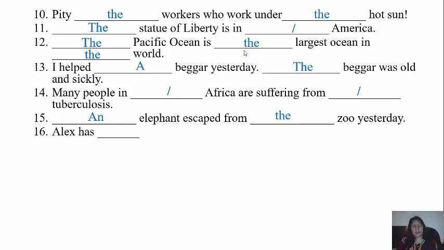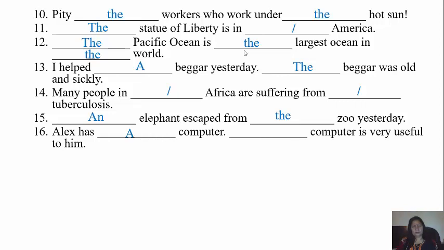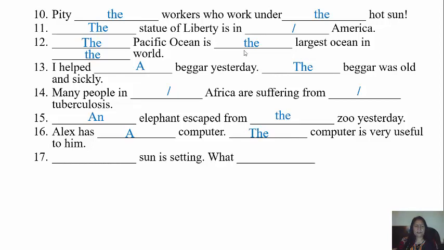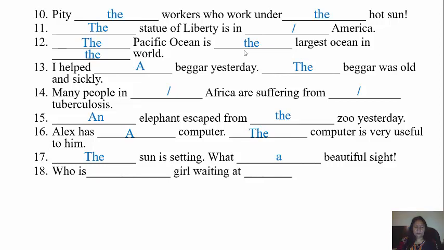Next, Alex has a computer. That's again small. The computer is very useful to him. Next, the sun is setting. So, what will come? The sun is setting. What a beautiful sight. Who is the girl waiting at the bus stop?